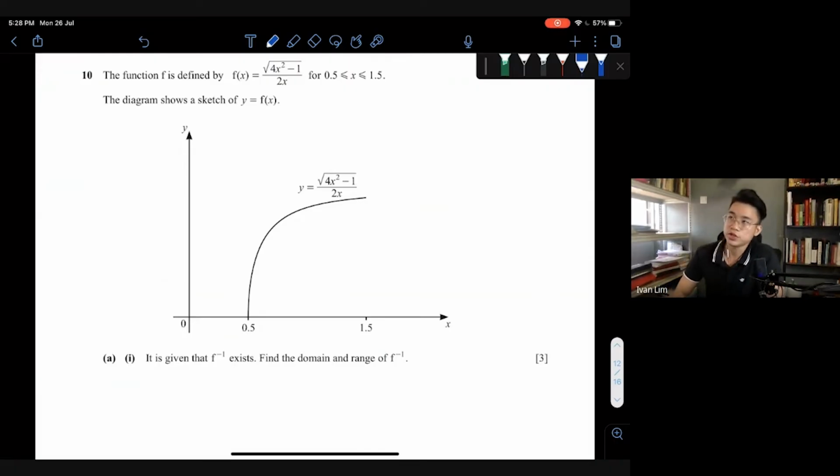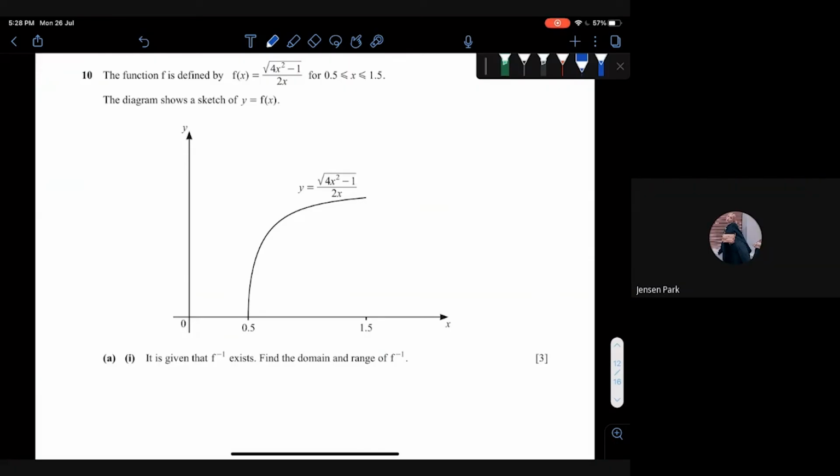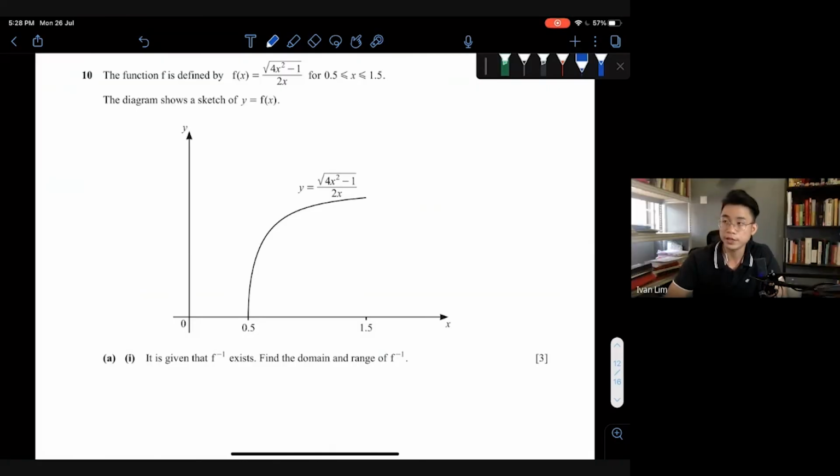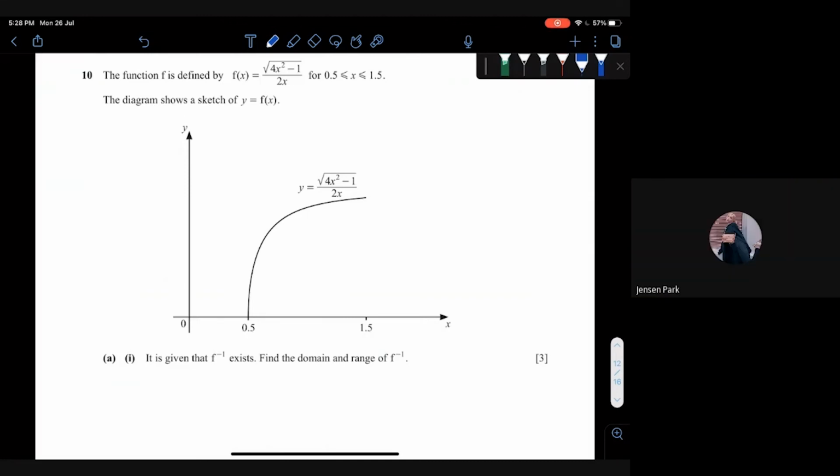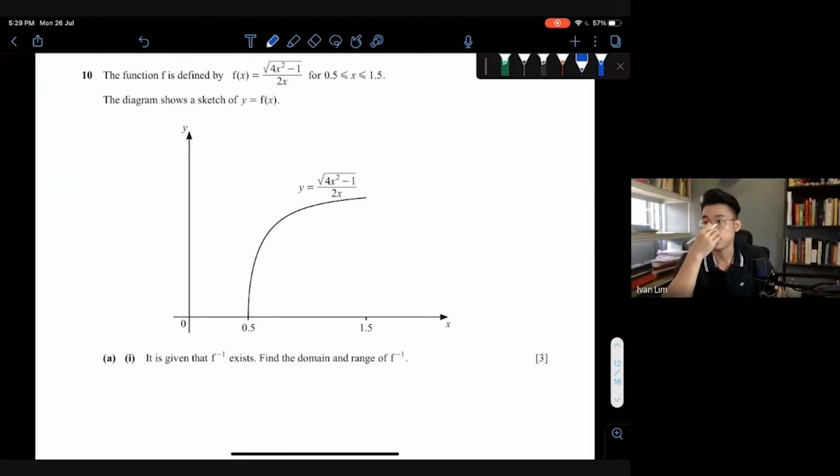Okay, what's the relationship between f and f inverse? The domain and range swap already. The definition of domain and range: range becomes domain, and domain becomes range, right?